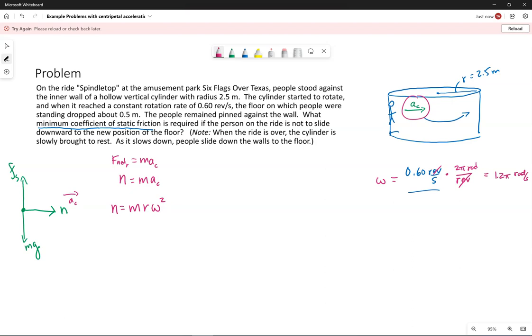Since they're asking us for the coefficient of static friction, I want to do something with the friction force. The friction force is in the y direction, so up and down. We know we don't want these people sliding up or down the wall, and so there is no net force in the y direction. So if we consider the forces in the y direction, the static friction force keeping them from sliding down the wall is balancing out with the force of gravity.